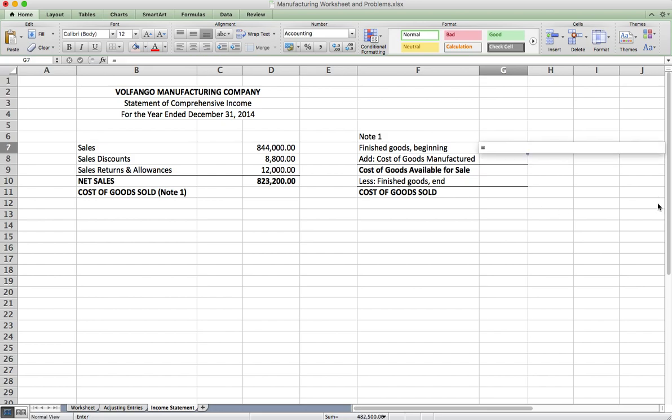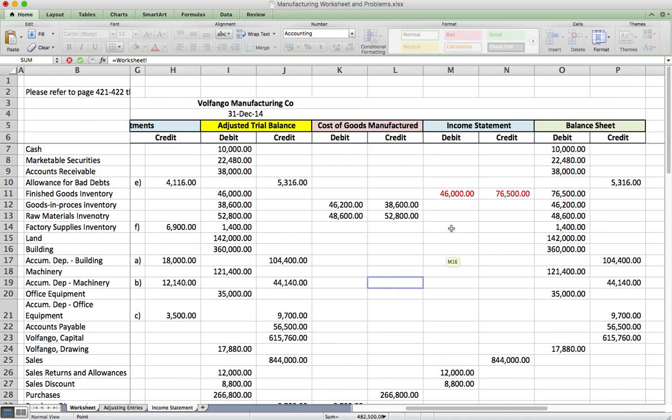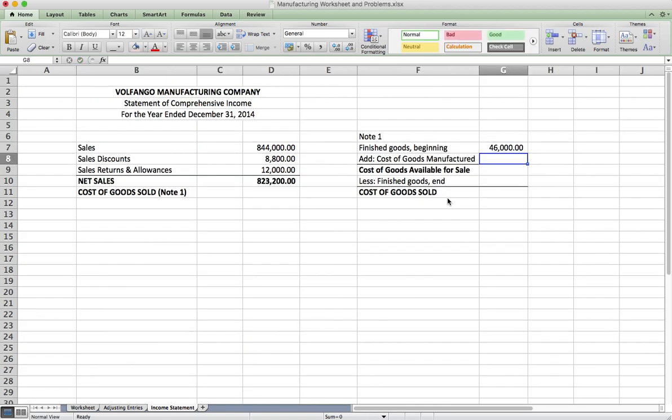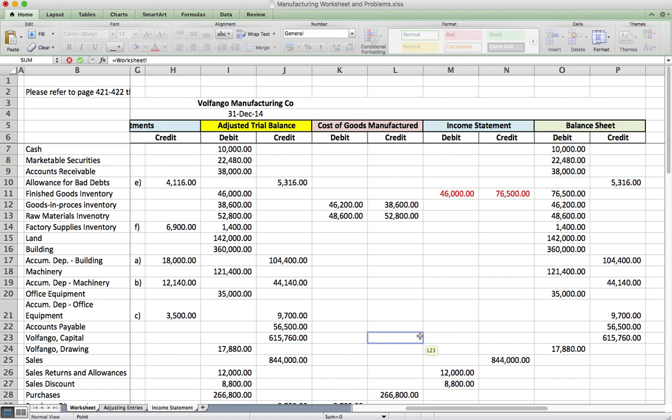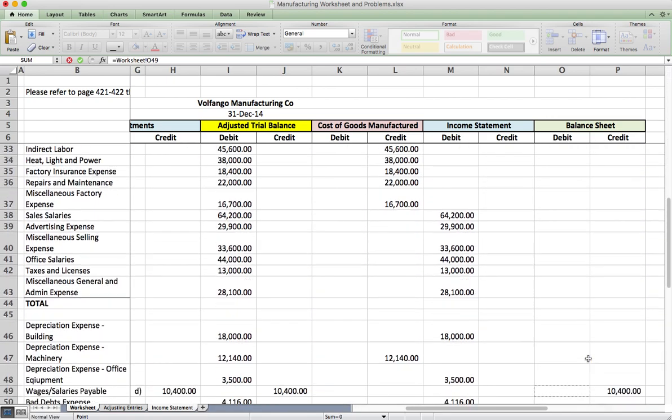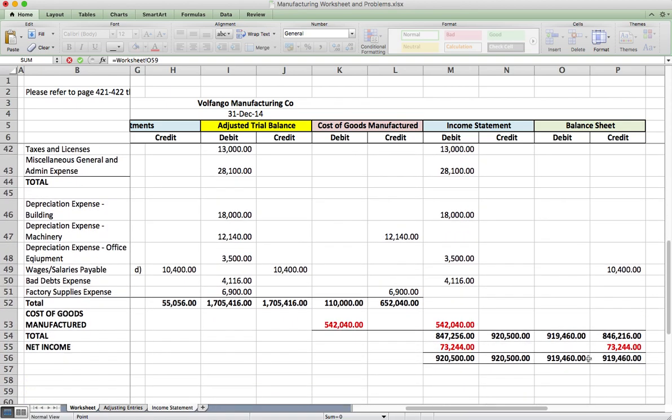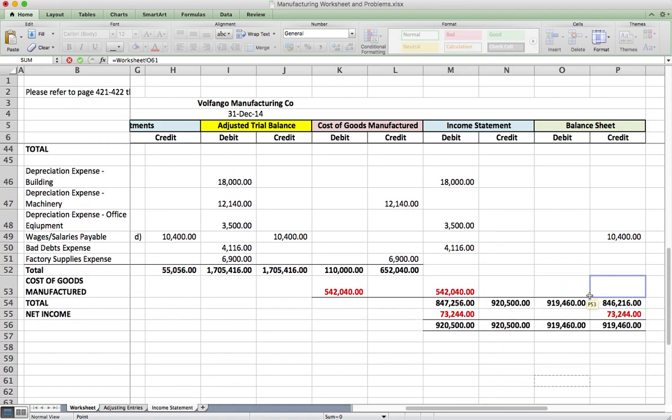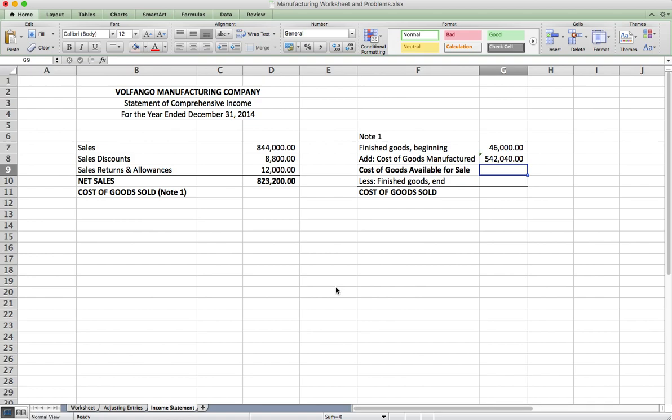46,000 plus cost of goods manufactured is, how much is it? We have 542,040. Cost of goods available for sale is 580,040.